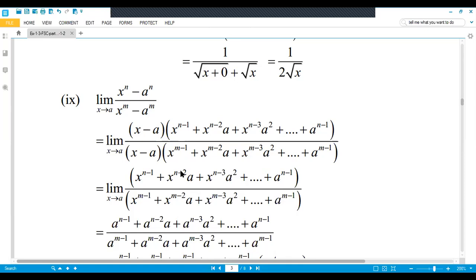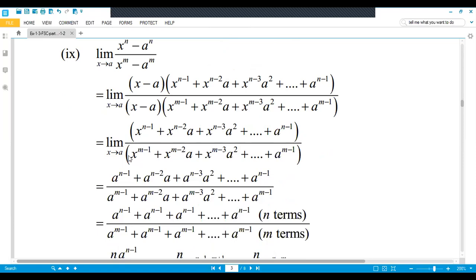So this is the polynomial function. So x minus a into x power n minus 1 plus x power n minus 2, a plus x power n minus 3, a square plus, and so on, up to a power n minus 1. So the same you apply on the denominator. So x minus a and x minus a cancel from the numerator and from the denominator.